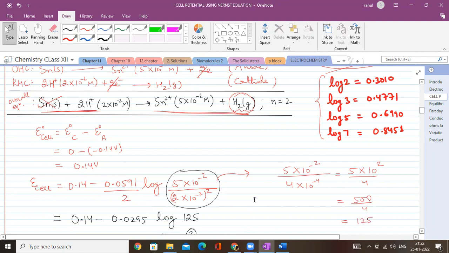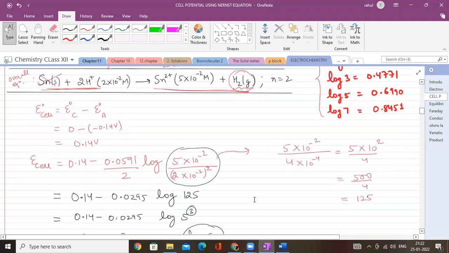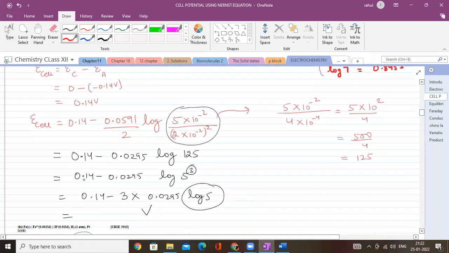So 125 can be written in terms of log 5, and that is 0.14 minus 0.0295 log 5 to the power 3. If it is 125, it is 5 to the power 3. As I've already told you, log m to the power n is nothing but n log m. So this n will come in front, so this 3 will come in front over here. So 3 into 0.0295. Again, if I solve, I will be able to get the answer.